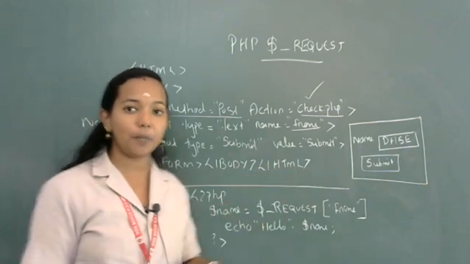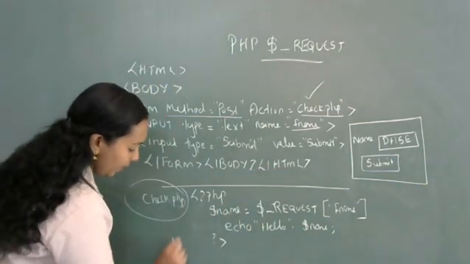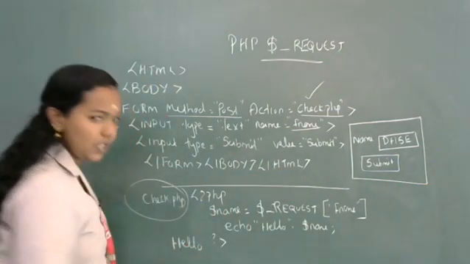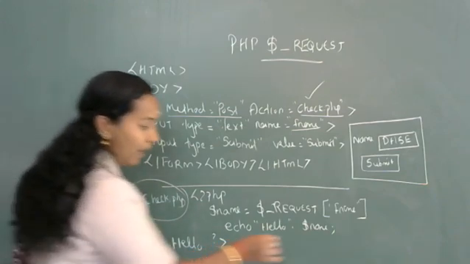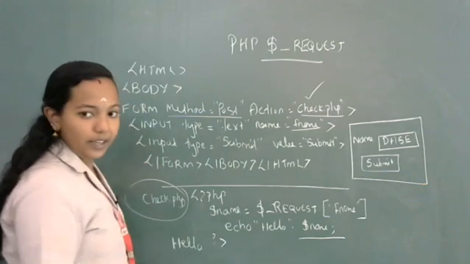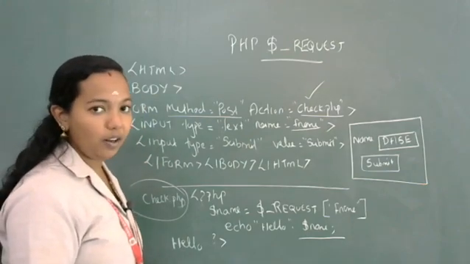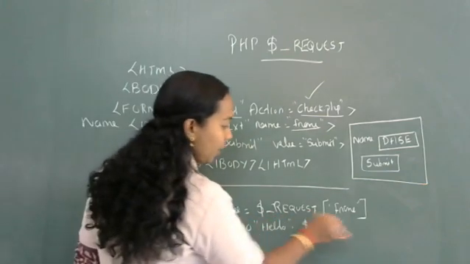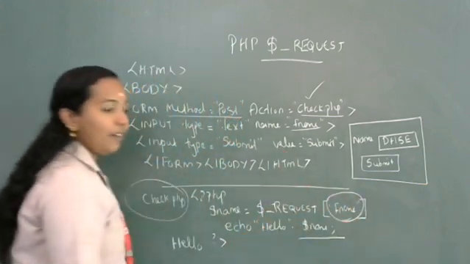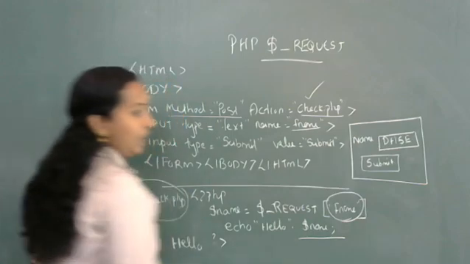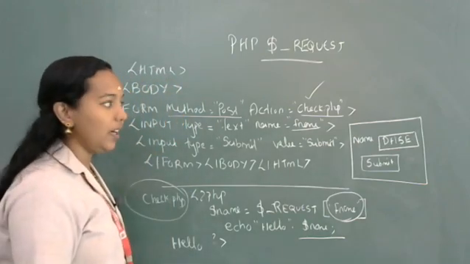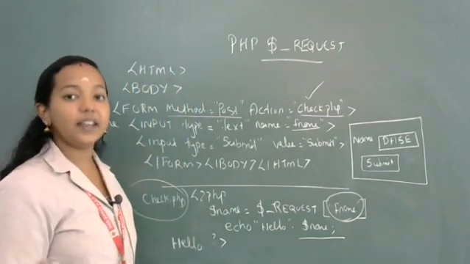So what will be the output? Hello. Definitely hello will come. Immediately after the hello, what will come? $name. Which value is present at $name? $_REQUEST of fname, the value present at FNAME. What is the value present at FNAME? The text that we typed in the text box, DHSE.